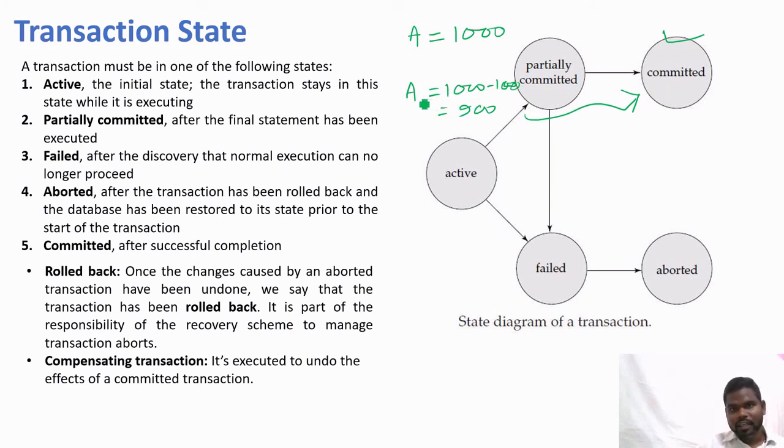The only way to get the original value of A, that is 1000, is by a compensating transaction, which is nothing but crediting 100 rupees into account A, so that 900 + 100 = 1000. That is the meaning of compensating transaction.